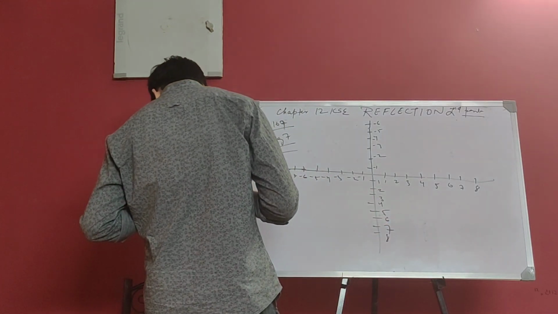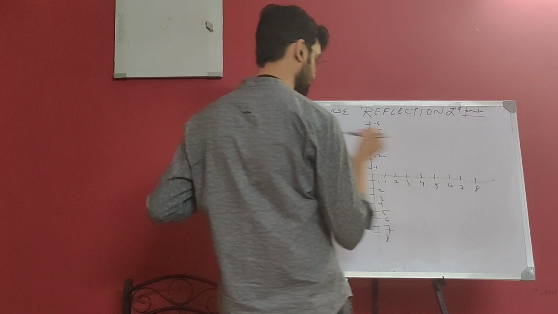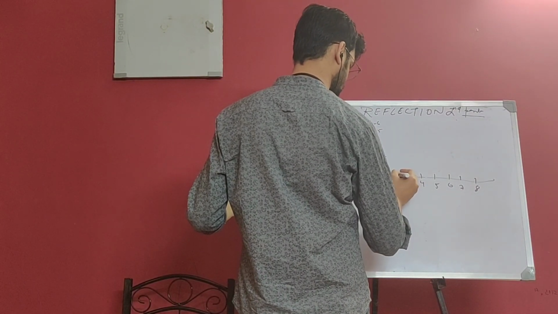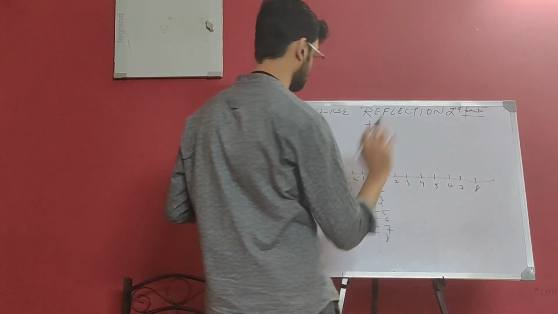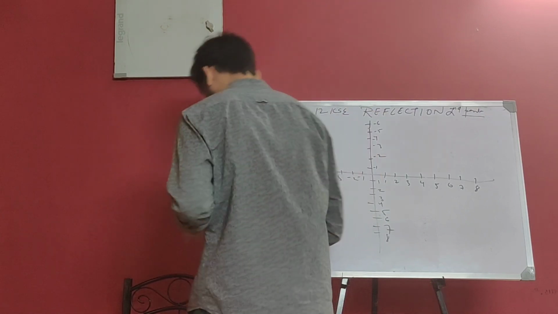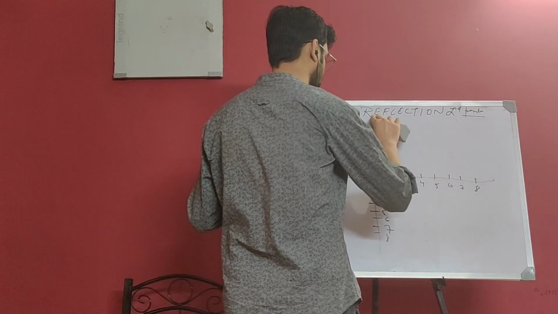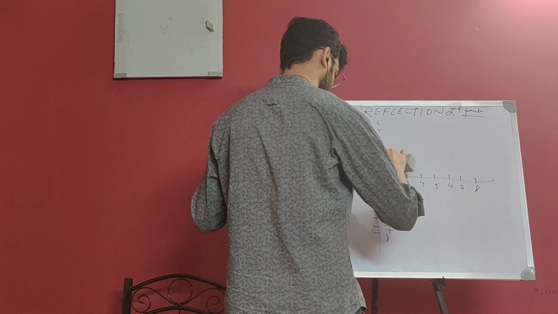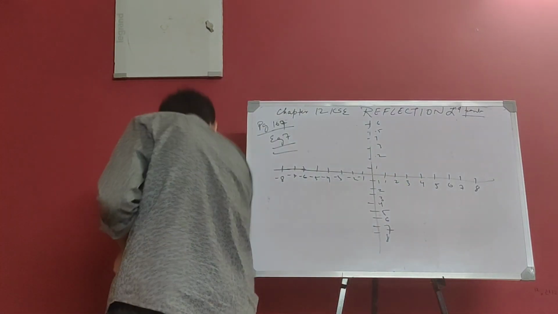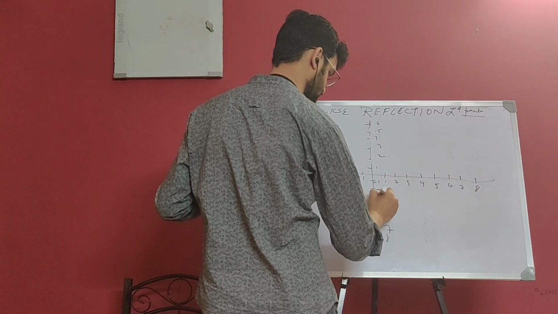Okay. So we need to plot A, that is 2 comma 3, somewhere around here. Oh sorry, this will be my mistake, this will not be in negative. All the things will be the y minus. Okay.